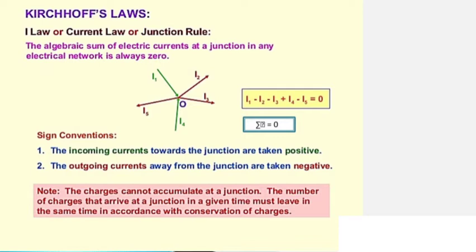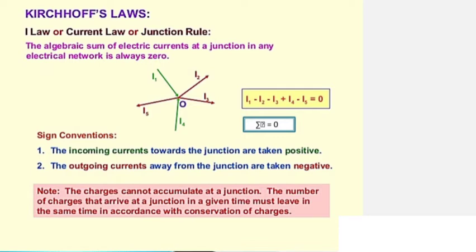There are some sign conventions. The currents arriving at the junction are considered positive and the currents leaving the junction are considered negative. So, the sum of all the currents going to and leaving from the junction is 0.